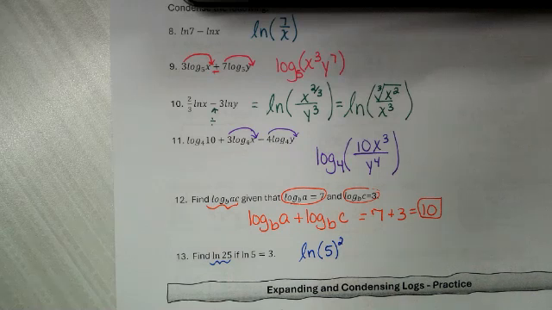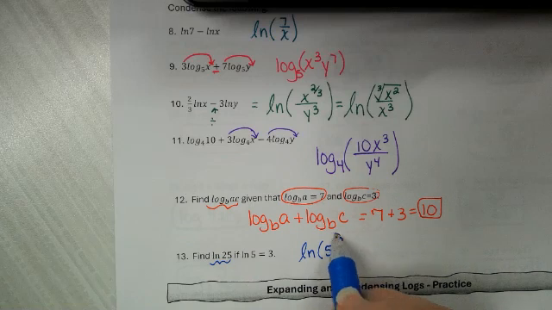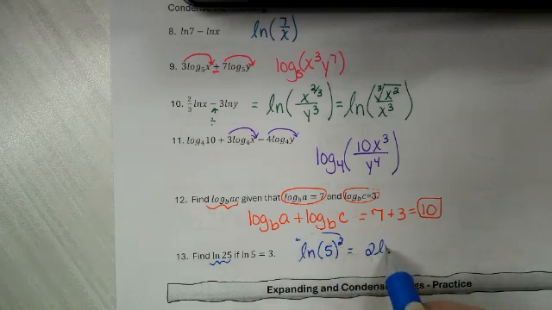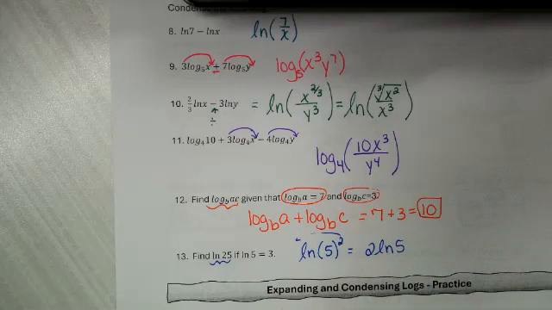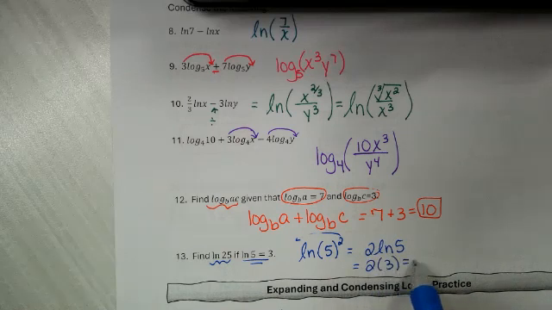And then according to my log rules, the exponent comes out here to become the coefficient. So that's really saying 2 natural log of 5. Well, since the natural log of 5 was 3, this question is asking for 2 times 3.